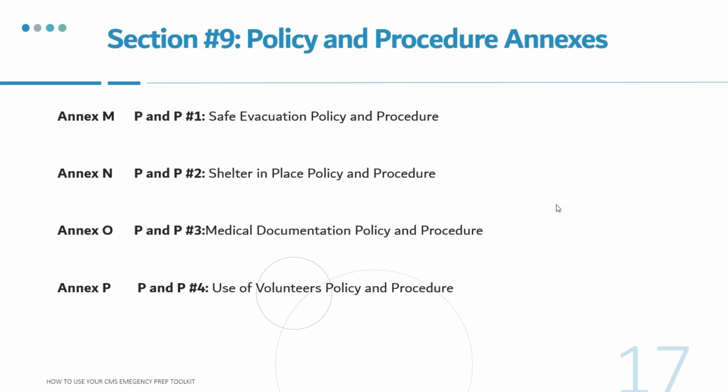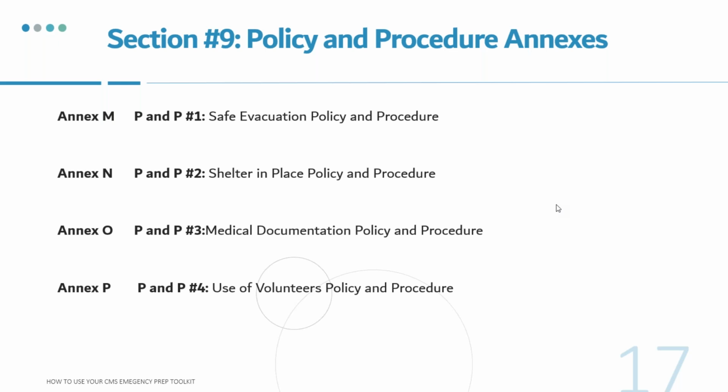I'll give you an example. PACE programs, which is Programs for All-Inclusive Care for the Elderly, are a combination of a day program and a clinic. It's an all-inclusive system of care, and there's also a home care component.